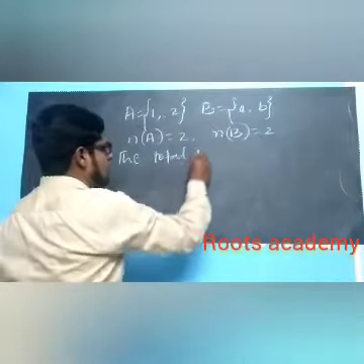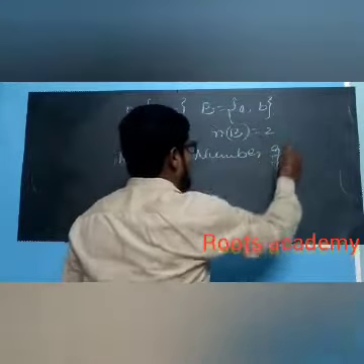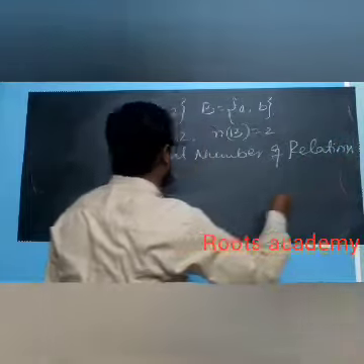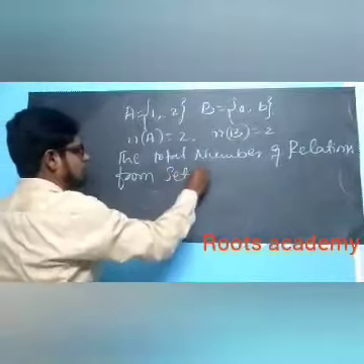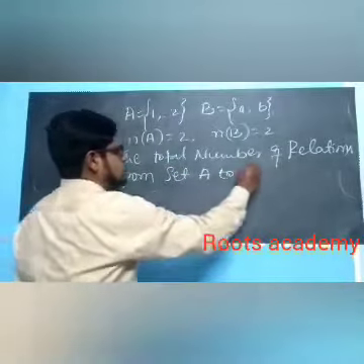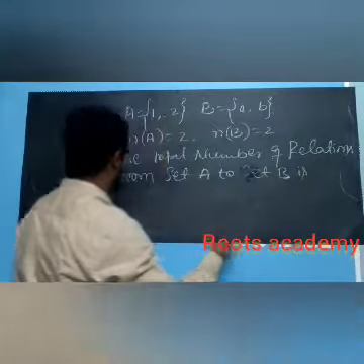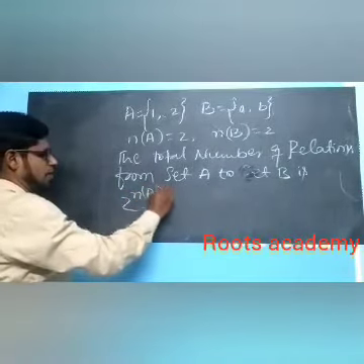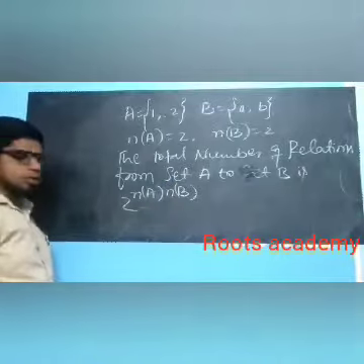the total number of relations from set A to set B is 2 power n(A) into n(B).